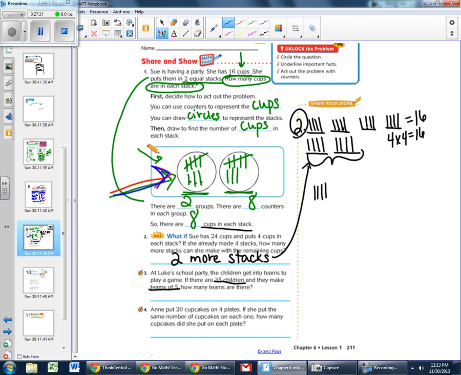So I'm at my 35, and I have groups of 5. So now all I have to do is count my groups. 1, 2, 3, 4, 5, 6, 7 groups.